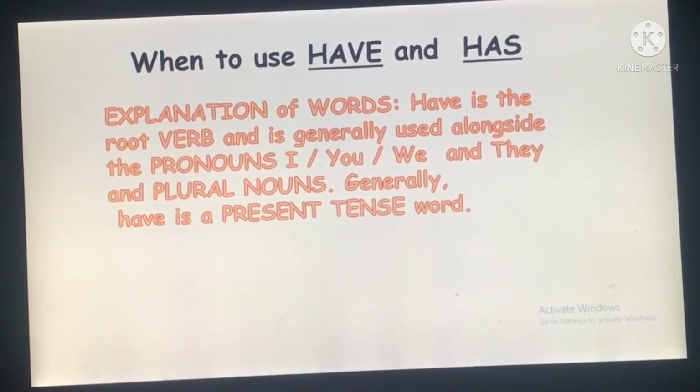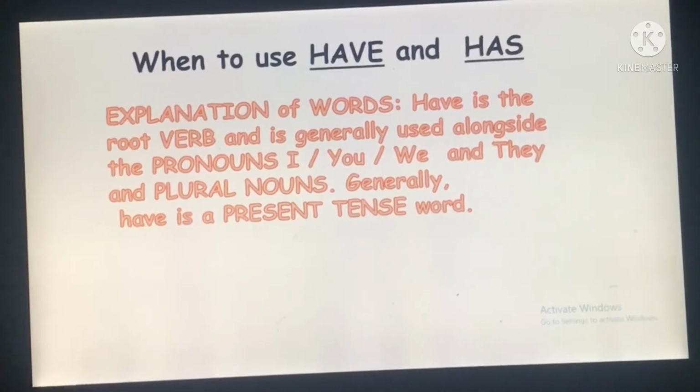Explanation of words. Have is the root verb and is generally used alongside the pronouns I, you, we, and they, and plural nouns. Generally, have is a present tense word.